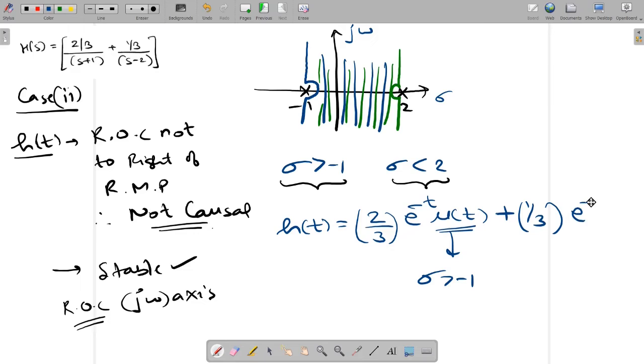It is e raised to plus 2t u of minus t, and you should have an extra minus sign over here. Don't forget this extra minus sign.